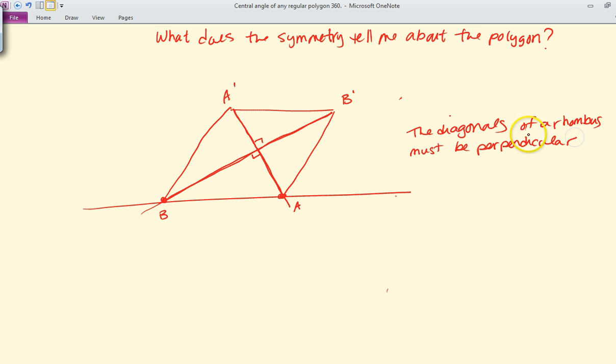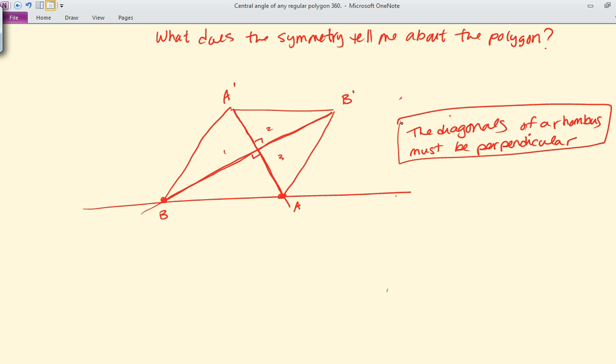And along those same lines, we're told that by reflecting a right triangle, we can build a rhombus by reflecting that right triangle once, twice, and a third time. So this is an important characteristic of rhombi.